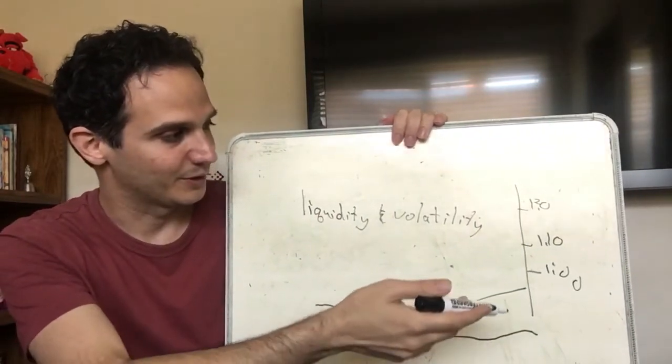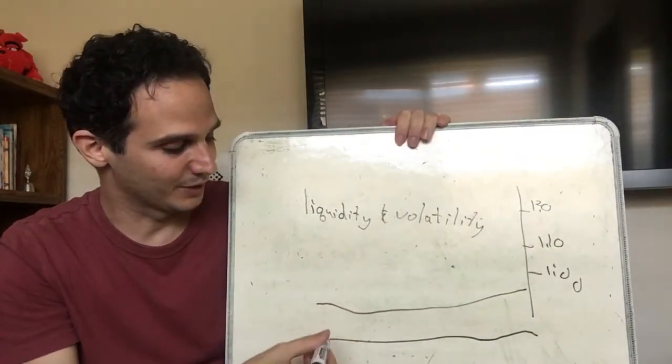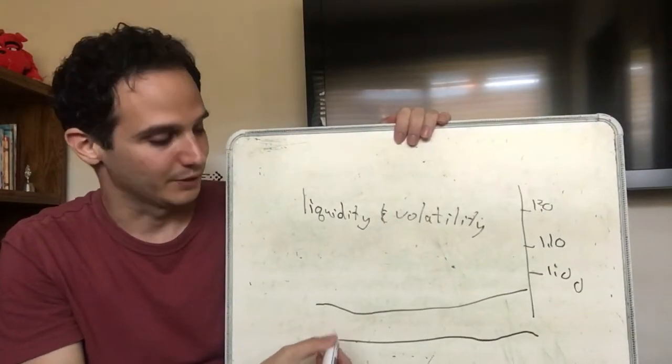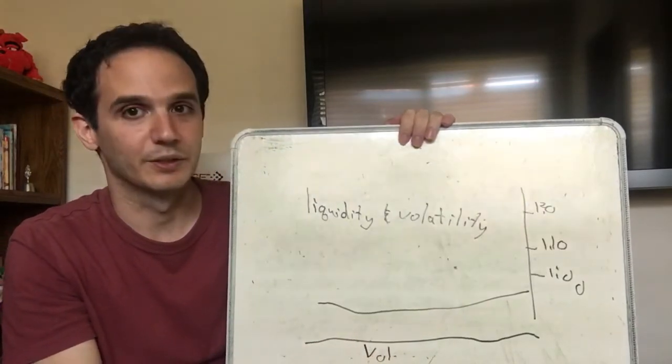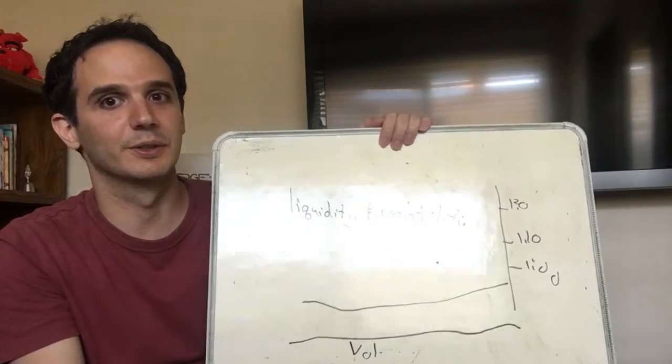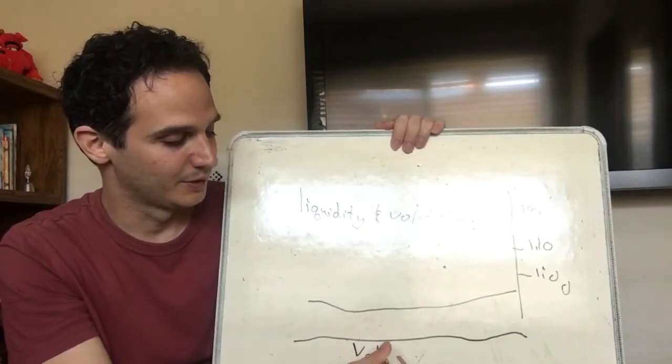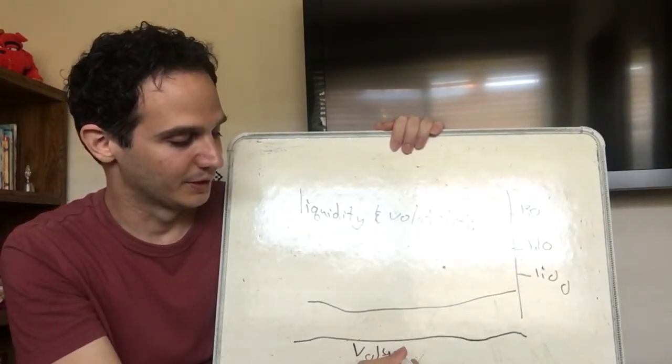And so on candlestick charts down here, there's usually the volume, and the volume is what is referred to as liquidity.